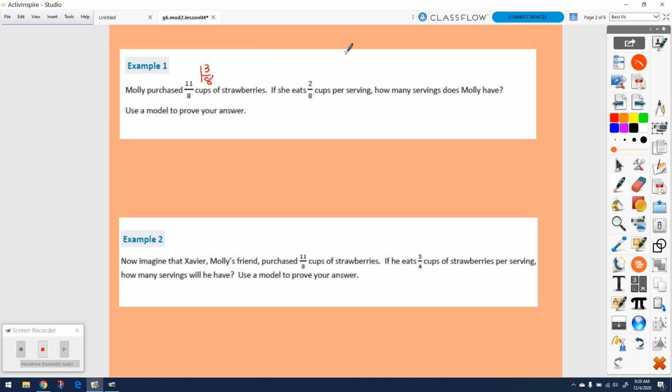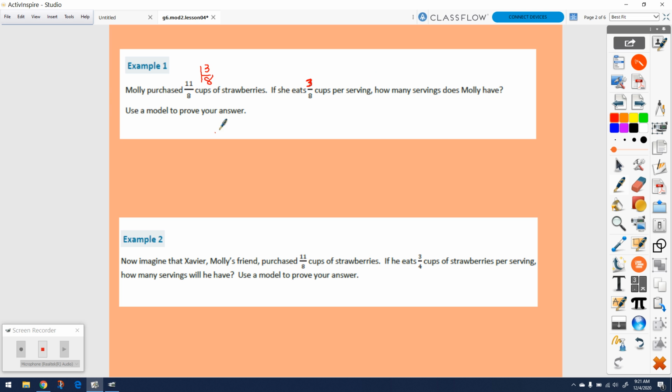If she eats 3/8, man, it's not the same. 3/8 cups per serving. How many servings does she have? That is not even the same. Ugh. We're going to do it with the numbers in your book, so I am going to stick with this.